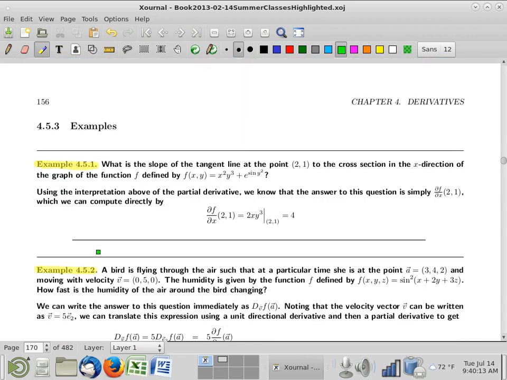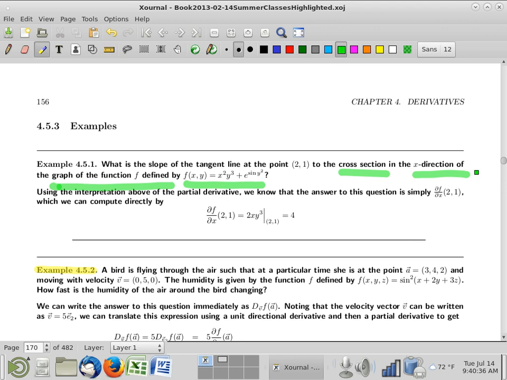Okay, so let's see some examples. We're going to be looking at this function. Specifically, we're going to be looking at the graph of that function. And on that graph, I want to talk about the cross-section curve in the x direction. So here's the graph.